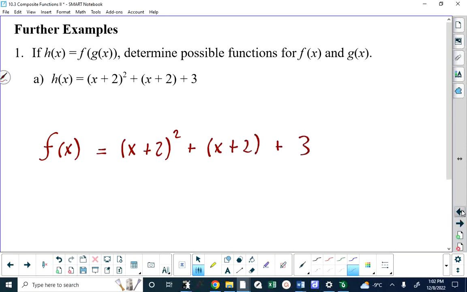And in fact, had a student said, when I give you this question, can I use f of x equals that, and I stopped listening at that point, my answer would have been no, because that's h of x. But f of x could be that. You would just have to put for g of x, x. You see what I mean by a bit of a cop-out? It'll always be that way.